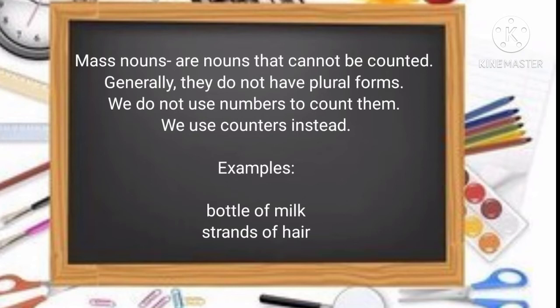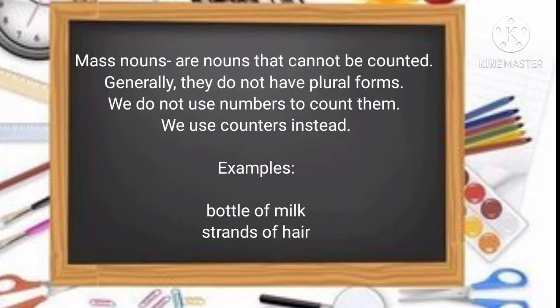Mass nouns are nouns that cannot be counted. Generally, they do not have plural forms. We do not use numbers to count them. We use counters instead. Example: bottle of milk. So the bottle is the counter and the milk is the mass noun.